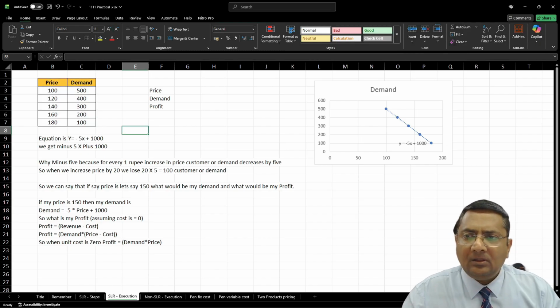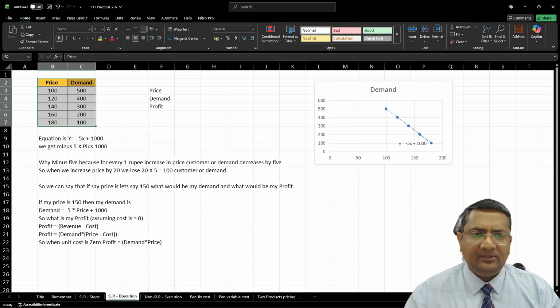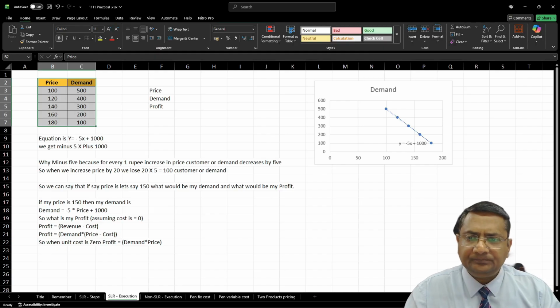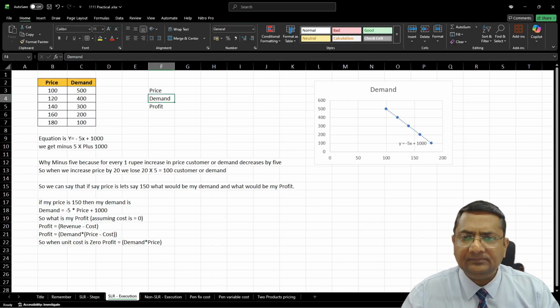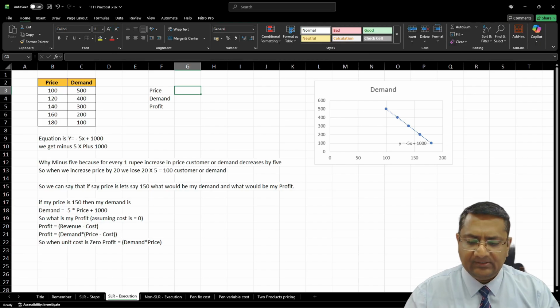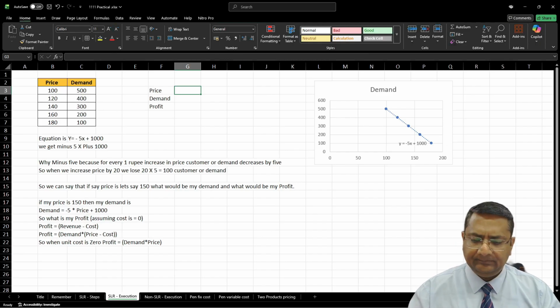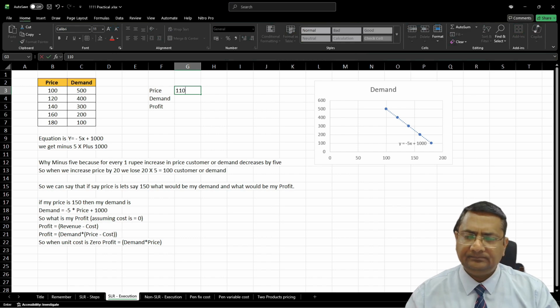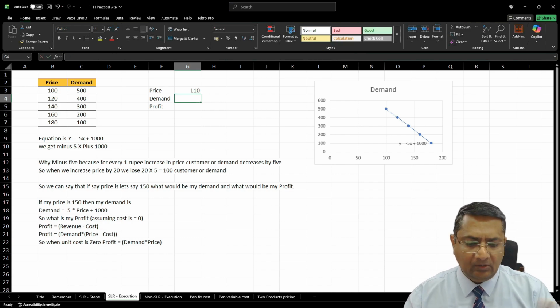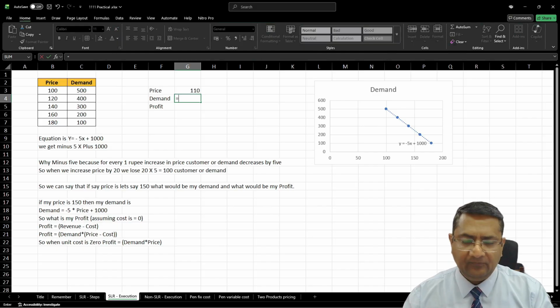So this is our first step. Now we have calculated our demand equation. Let's assume a price. Say the price is 110, just a random price. What would the demand be now? We will use this equation to find out the demand. So what is our equation?